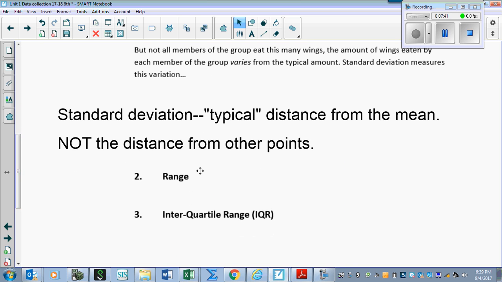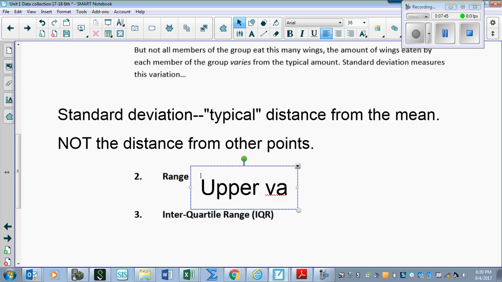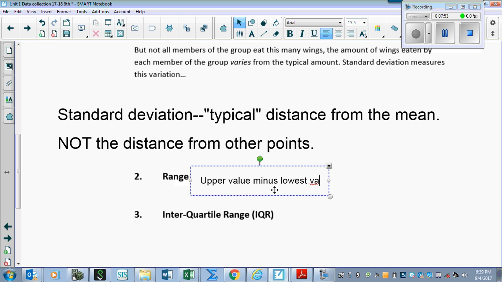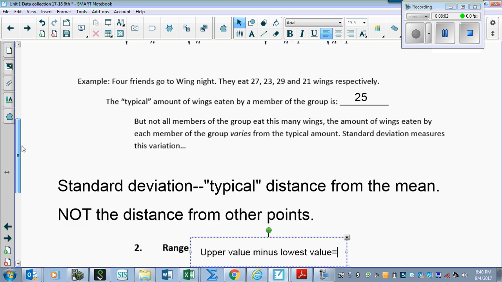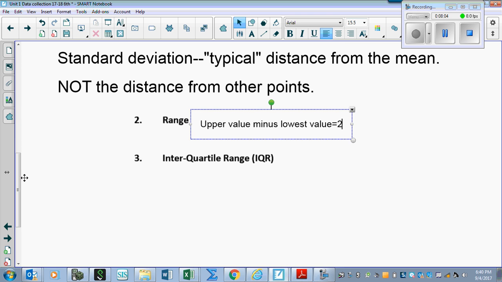So range is the upper value minus the lowest value, and we said that was 29 minus 21 equals 8 wings.